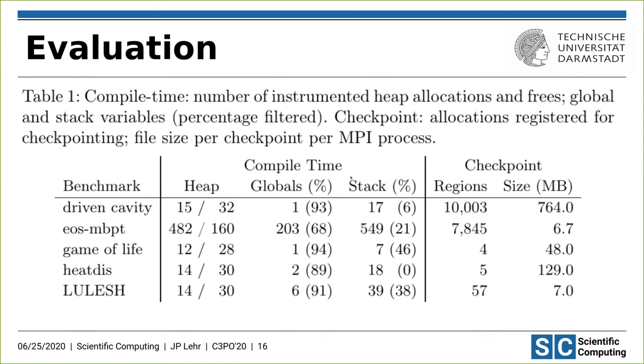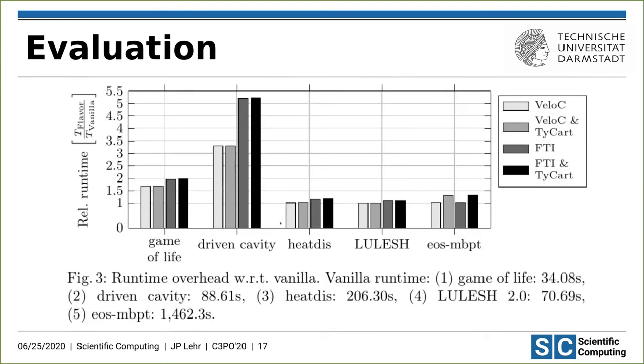Now, if we look at the runtime overhead that we introduce, it's important to note that the left bar is always the target application with just the checkpoint restart library added, and the bar next to it is with our TyCart memory tracking.